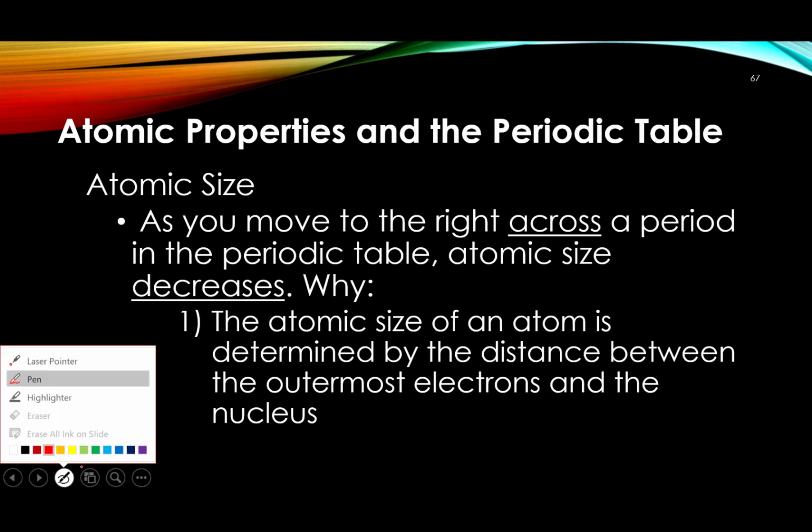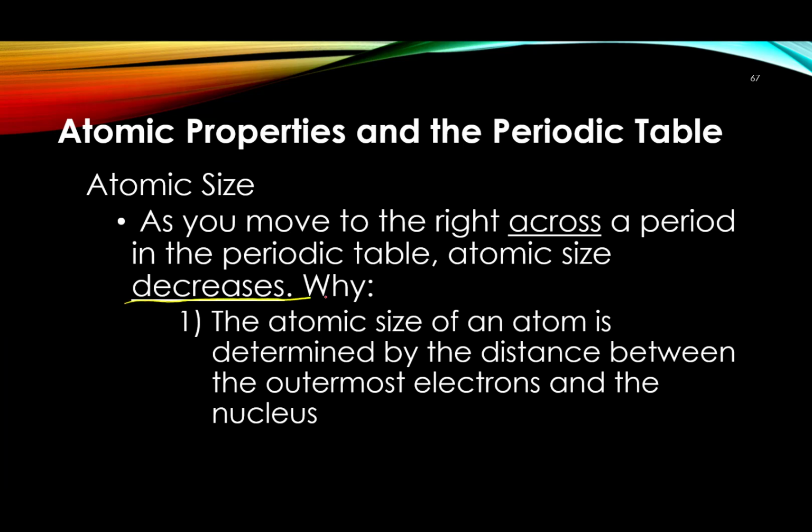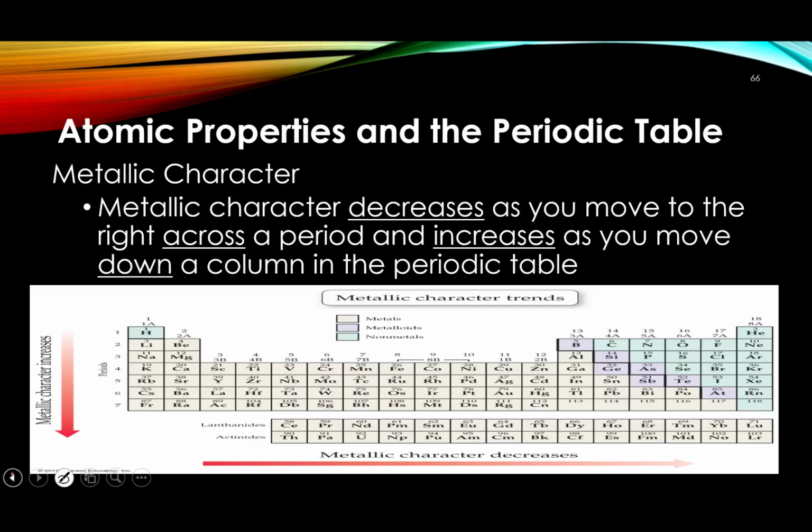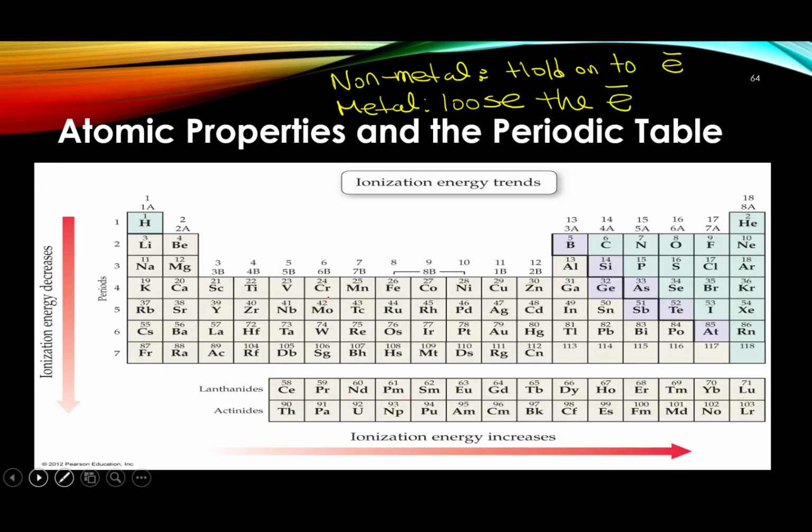Then why does the atomic size decrease across the same period? If you look at the periodic table here, as we move from left to right, what is increasing? It's the number of protons increasing.